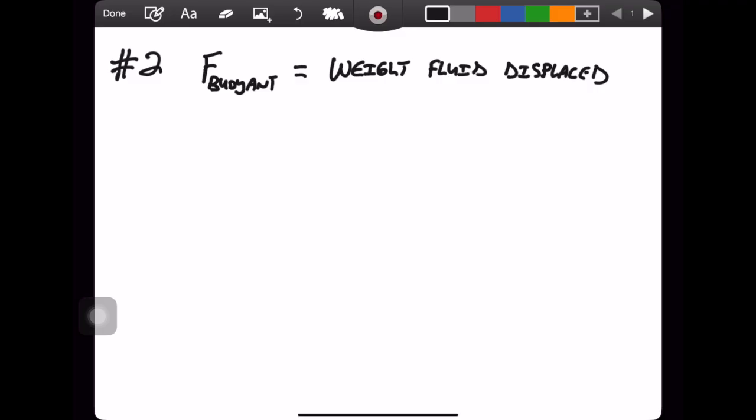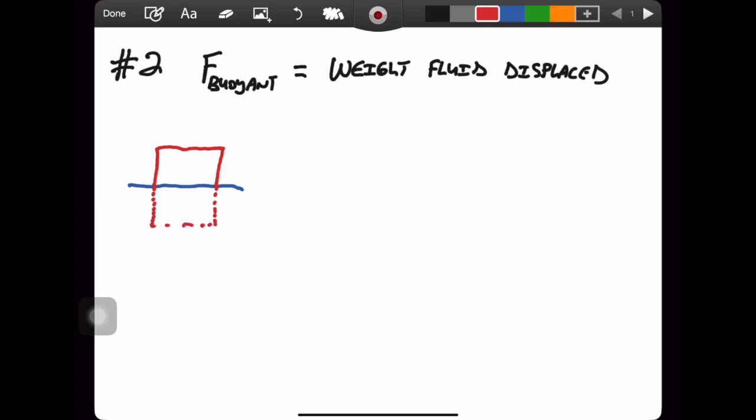So for example, in this problem, imagine the fluid is water, and we've got some volume, let's say half the volume is above the water, and the other half is below the water.